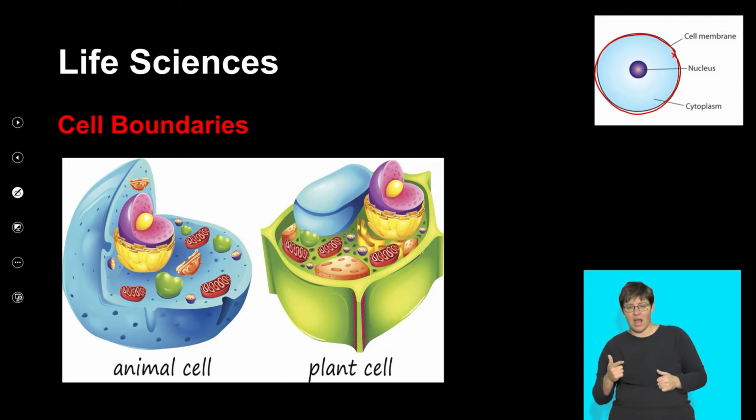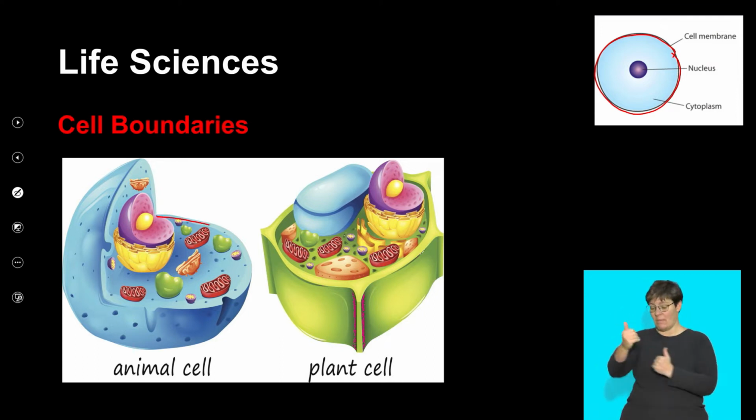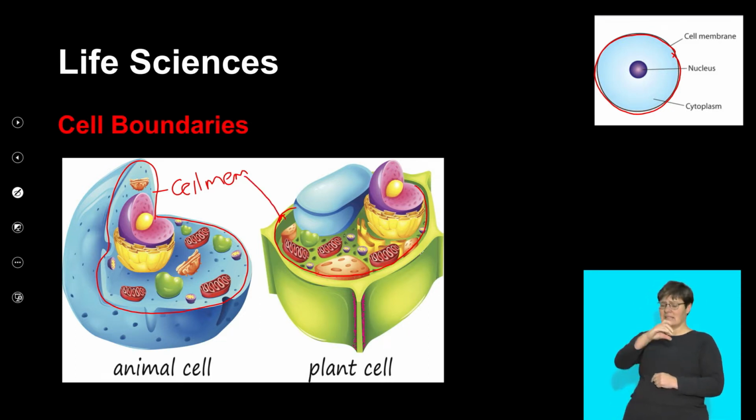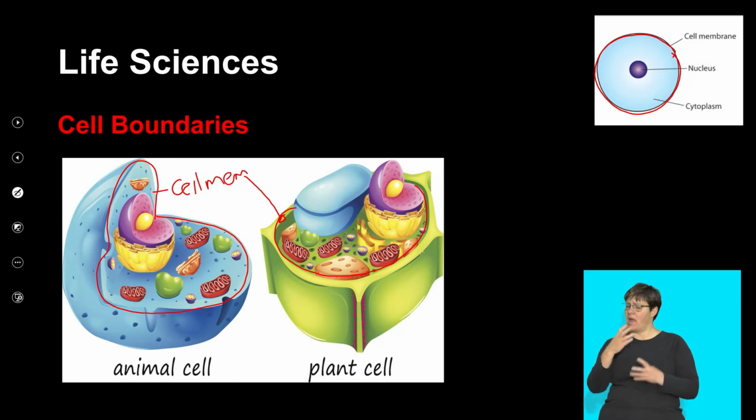An animal cell has one boundary, and that is going to be the cell membrane. On this side, I'm going to see that the plant cell also has a cell membrane. So all living cells are going to have the cell membrane.